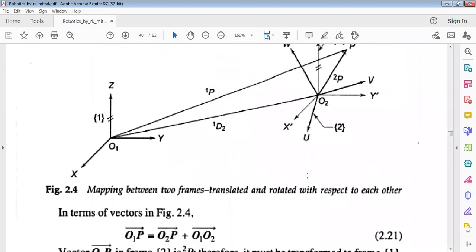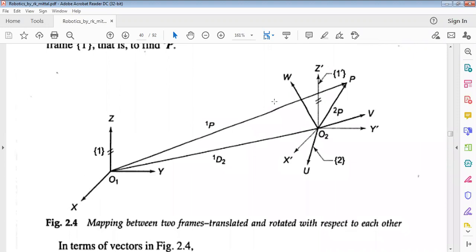Here let us observe frame 1 dash and frame 2. The mapping between these two frames involves only pure rotation.